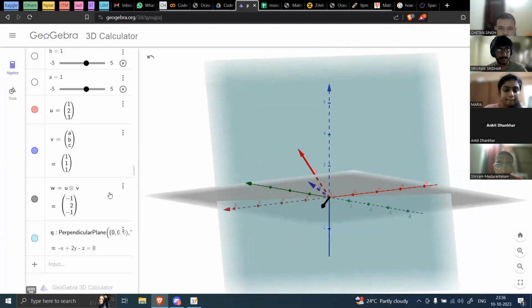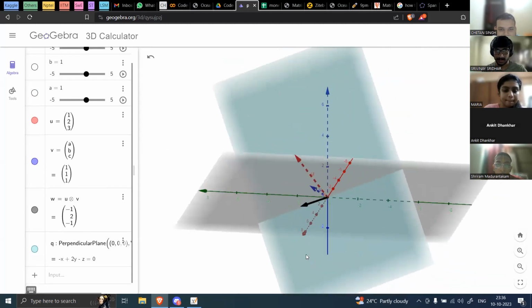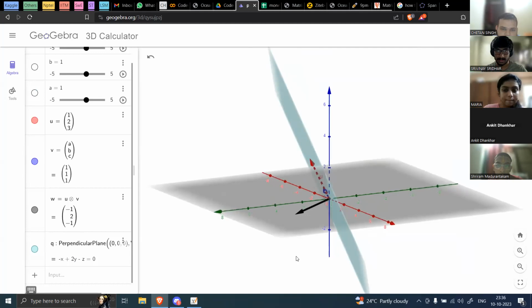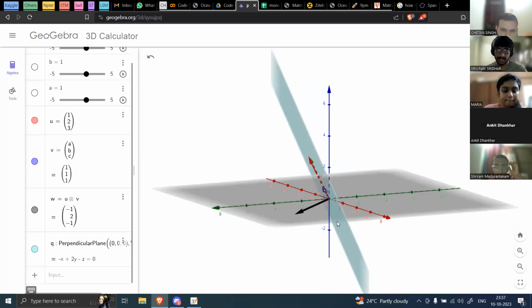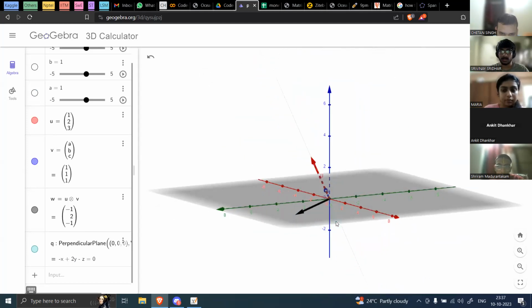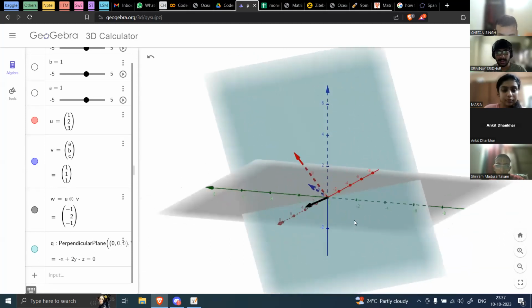Why did it create that by itself? I just found the perpendicular vector. You found the plane that is perpendicular to that vector. No, I found a vector that is perpendicular to the plane. So we looked at the plane as what we could reach with the scaling of the vectors and the addition of the two vectors.